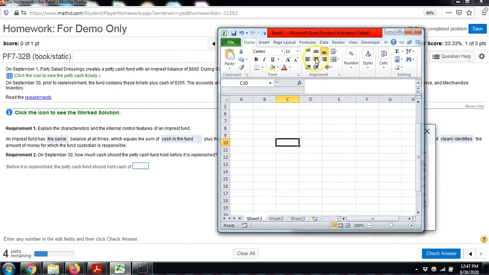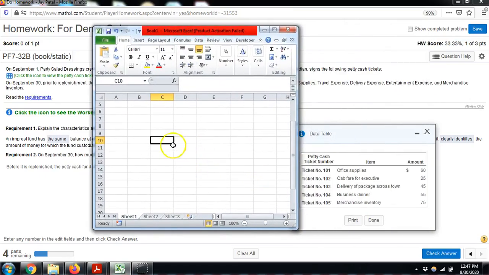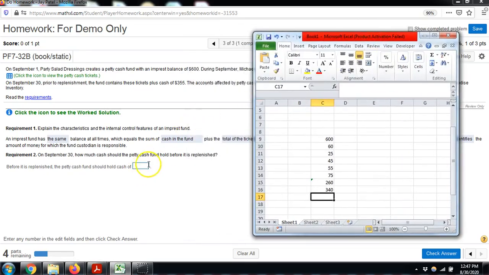So let's see what it is. So that's the sum of the tickets. That was our starting balance of cash. So there should be $340 in there, right?